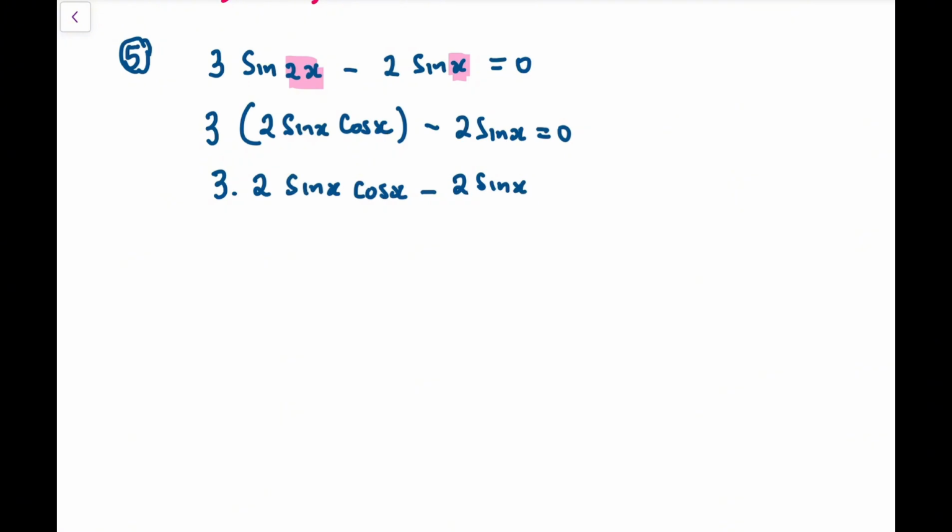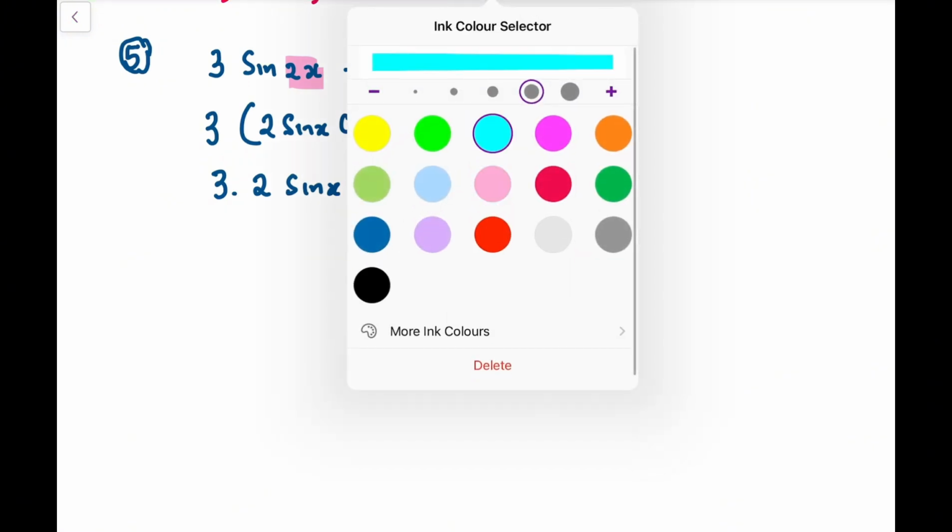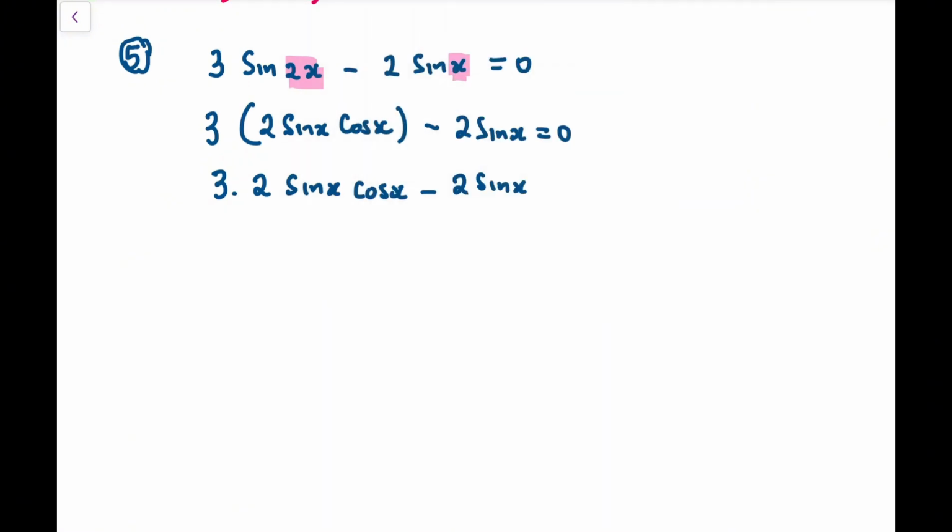You will notice that we have two terms and there is a common factor because 2 sine x appears in both terms. We can take it out, factorize. So we have 2 sine x as a common factor. If we take it out, we are going to remain with 3 cos x minus 1 is equal to 0.